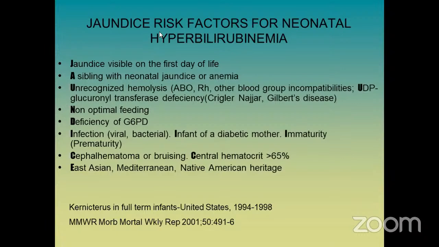Sorry for the interruption, Dr. Nice presentation. Your comment was that it can never happen in female. That is what I heard, I think while I was driving. Just like we see females with G6PD deficiency, it's rare, but it is there. So why is it rare?